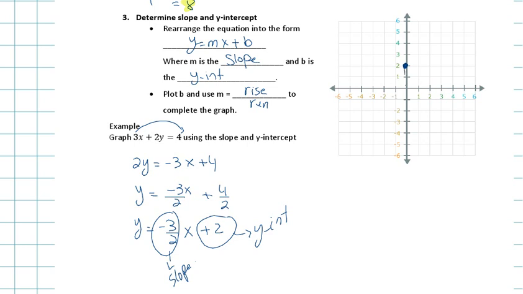You guys agree with that? I'm going down 1, 2, 3. I want to hear a yes. Yes. Good. Then I have to go over by how much? 2. So 1, 2. This is where my second point is. But I went down. You can't go both negative because that makes it a positive.